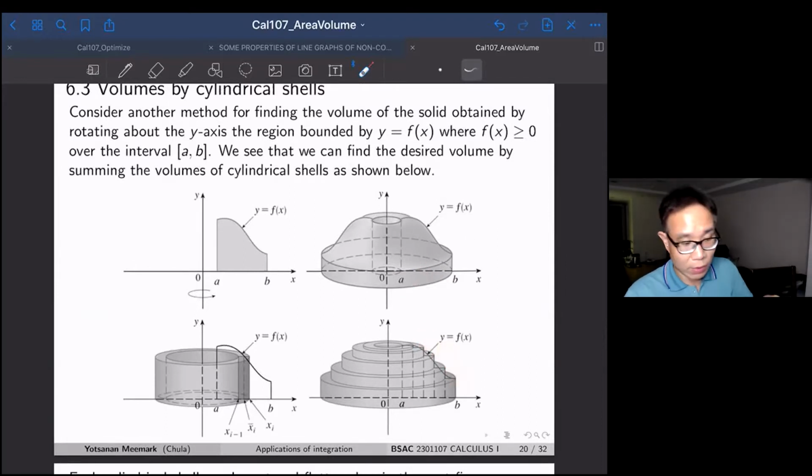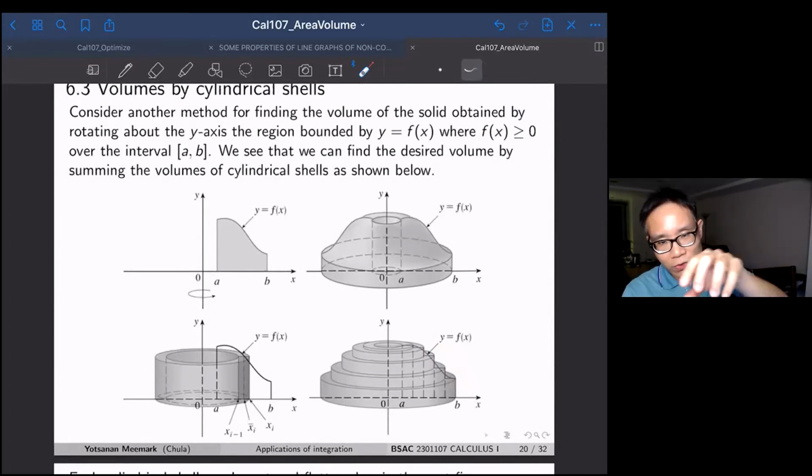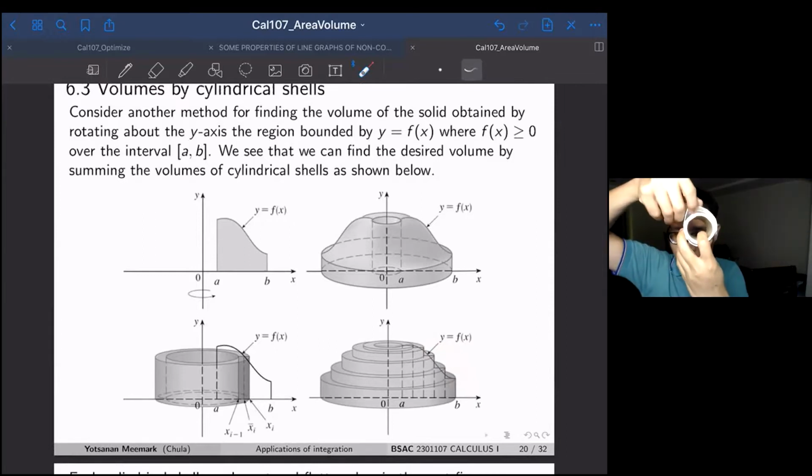I'd like you to see my tissue paper. You'll be able to obtain the volume by summing the shells. What is the shell that I mean? Let me grab my paper. The shell that I mean is the shell that wraps around when you roll it here.